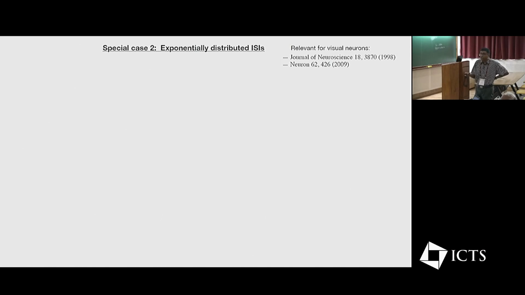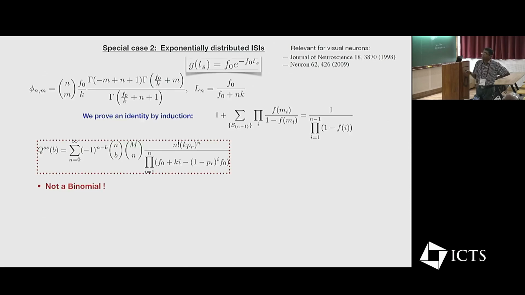more physiologically important cases, because naturally speaking, the spikes should not come at equal intervals. There will be some randomness. So one of the cases that we could handle was these exponentially distributed gaps. Then these functions. Then also this sum that we had, luckily we could by induction reduce it to this, and putting it together, the distribution looked much simpler, and it is not a binomial.